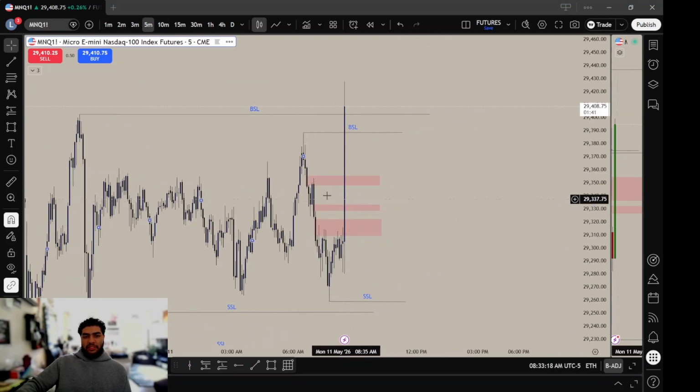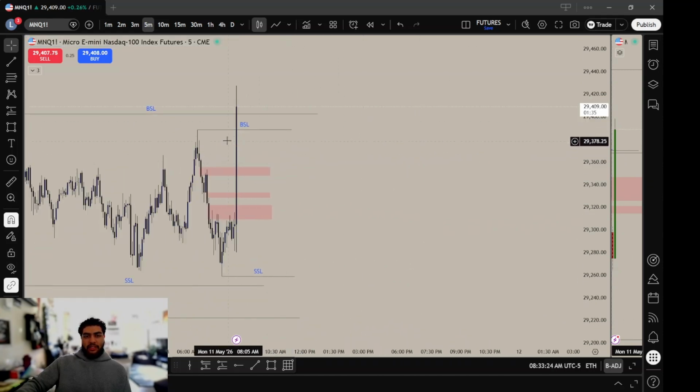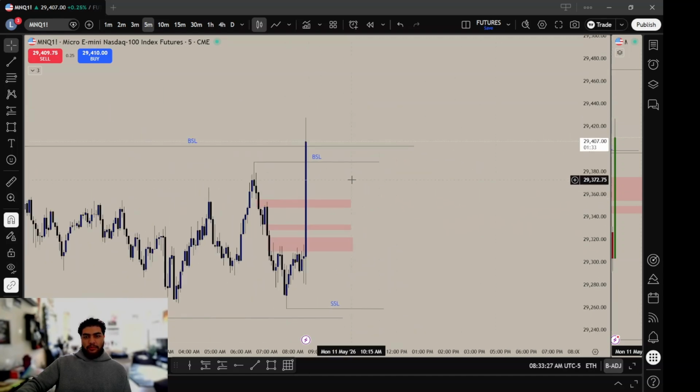Took out previous day high, I guess that was previous day high right here. Took out my buy side liquidity though, both of them. That's crazy. All right, let's just continue to see what happens.